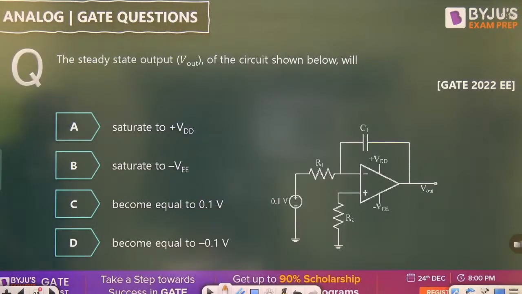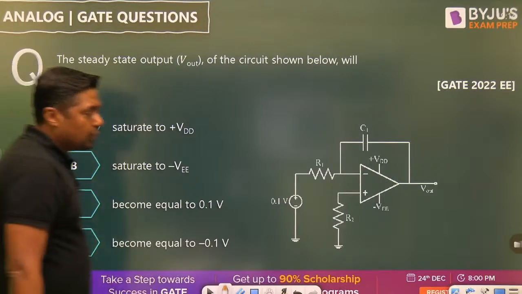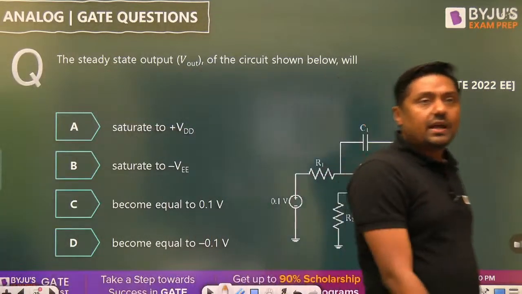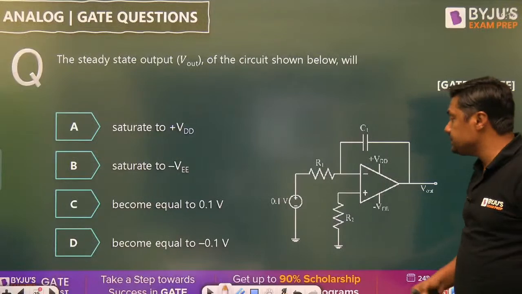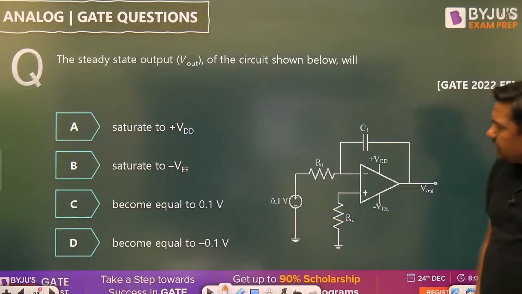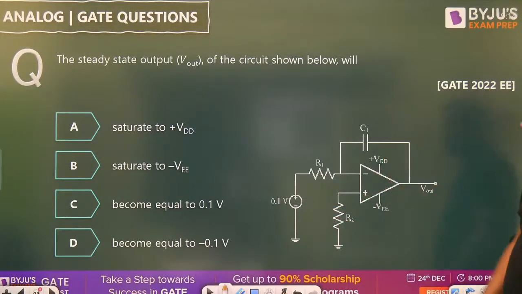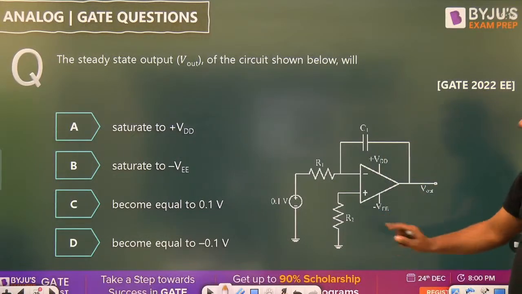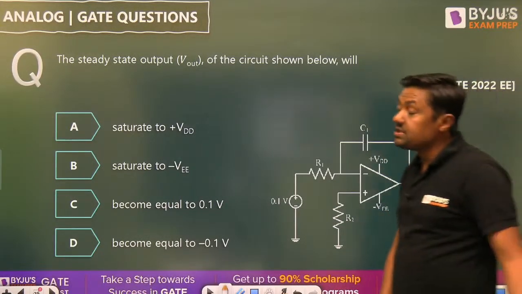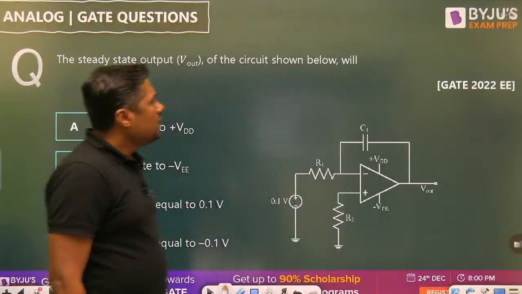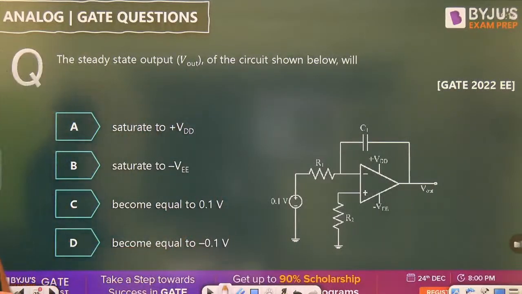Okay, then the steady state output of the circuit shown below will be? Steady state output, right? And that is the diagram. Again, in electrical branch, 0.1 volt is given, R1 is given, capacitor is given, R1 here, it is connected here. Now what is the steady state output?